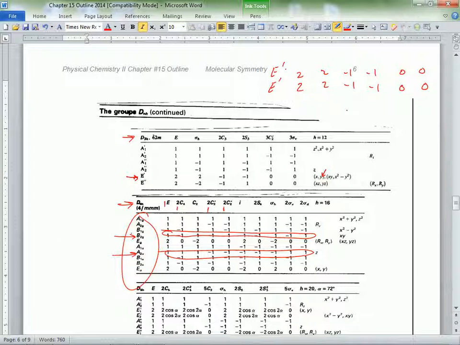So then we multiply them together and we get 4, 4, 1, 1, 0, 0. You add this stuff up, 8, 10.